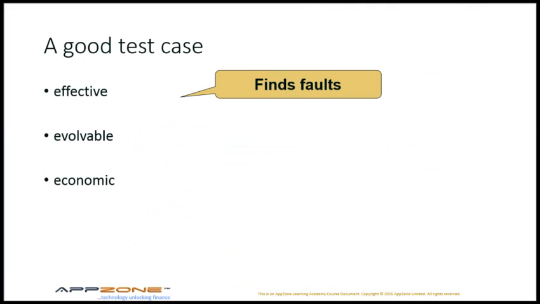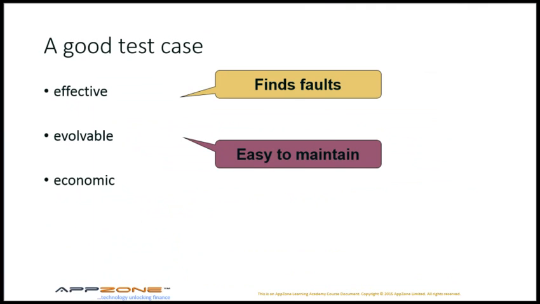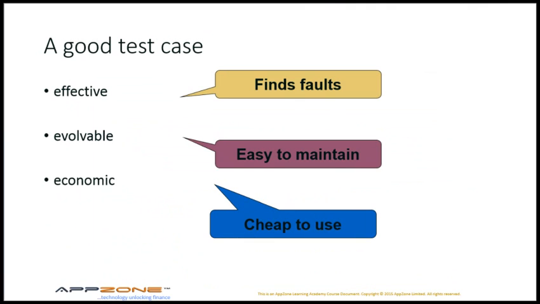Where your test case is not able to find faults, it is not effective. Evolvable, where it is easy to maintain. As we are going to see later, we will discuss keeping records of test scripts that could be used for automation or regression tests. It should also be cheap to use.